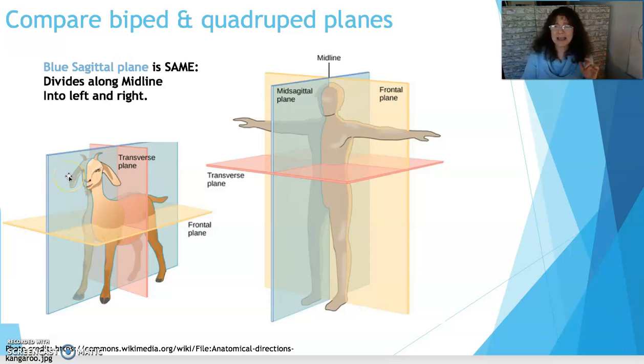Then things start to get dicey because humans will have in anatomical position their arms out with their palms up. Now, I am not showing you anatomical position for this human because this graphic is much easier to describe and I haven't seen anything better. So I really did look.